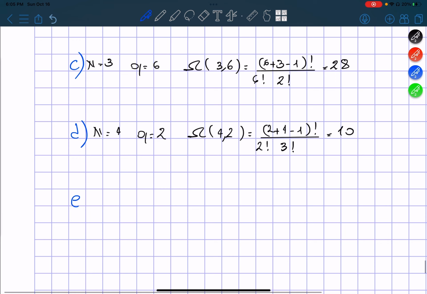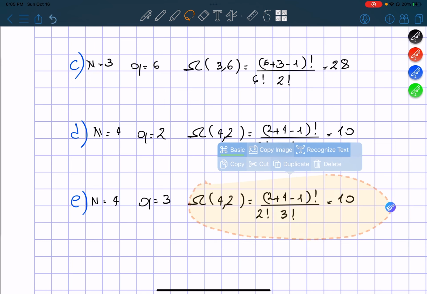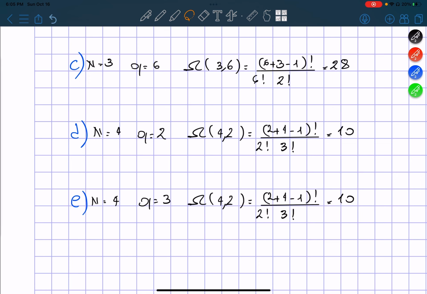Then we have E, where n equals 4, q equals 3. Same thing, pretty much.